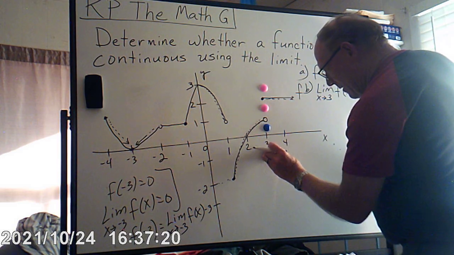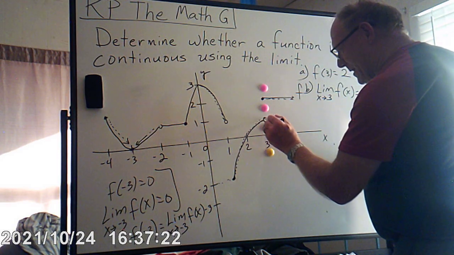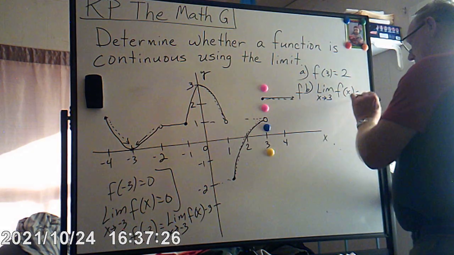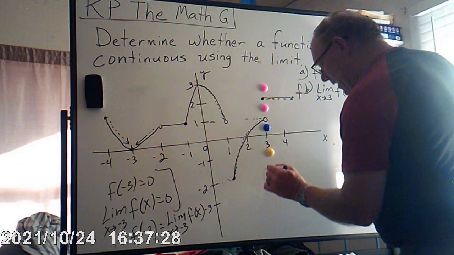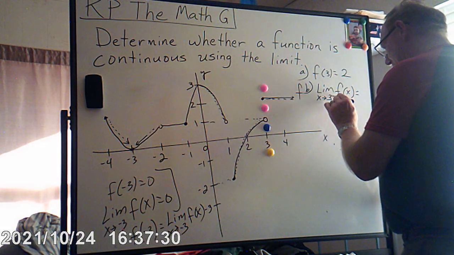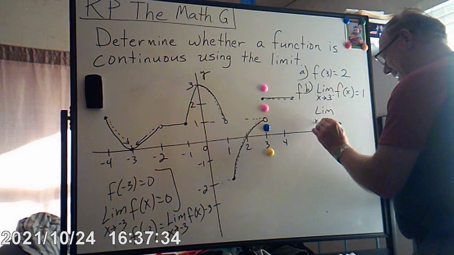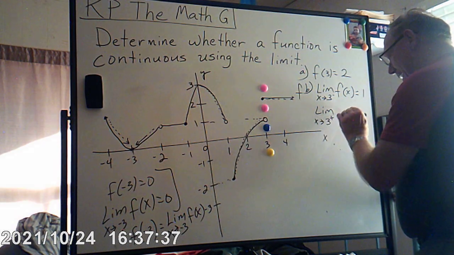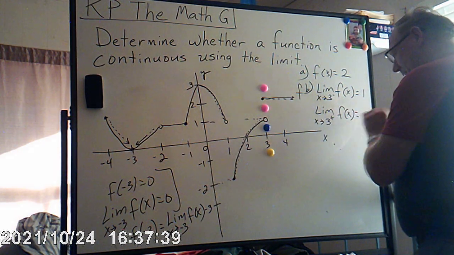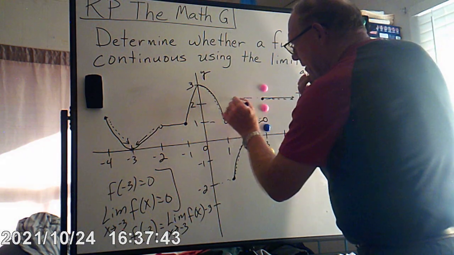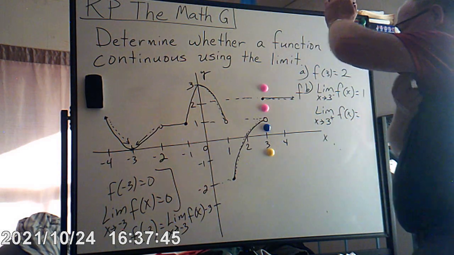From the left, we see that the limit does exist. It is 1. The limit as x approaches 3 from the right is not 1, but it looks like it's 2 or something above 2.